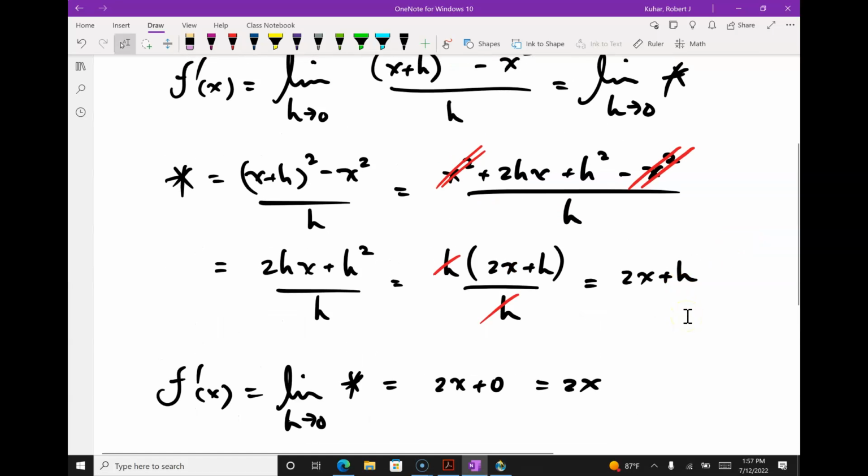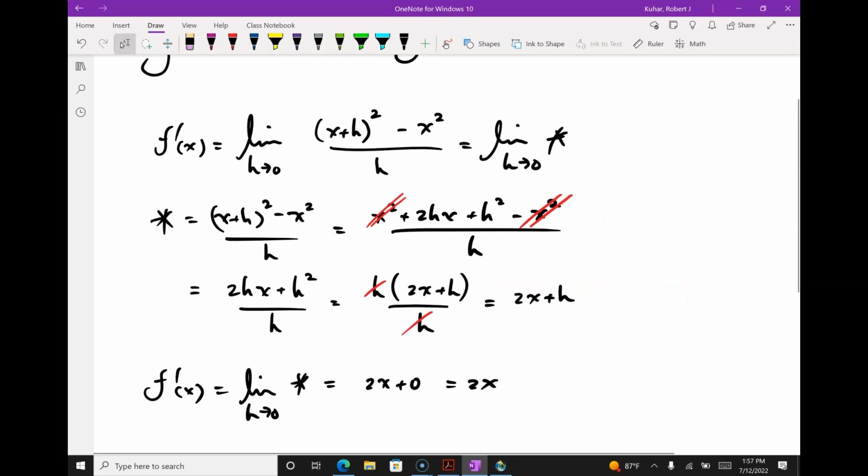Everybody okay? Question? Yeah, so in line 3, line 2, yeah, x squared minus x squared, right?